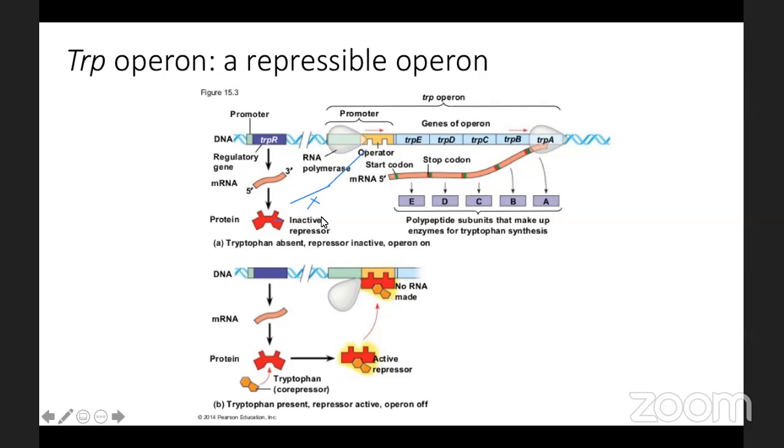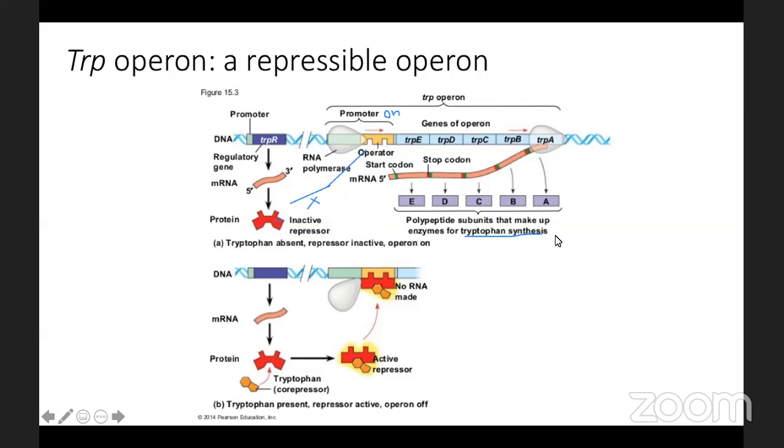Since it can't bind, the operator is in its on position, and RNA polymerase is able to bind to the operon and transcribe the genes, and then translate those RNA transcripts into the enzymes that allow tryptophan synthesis to occur.